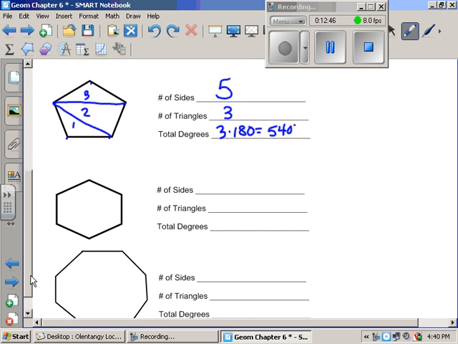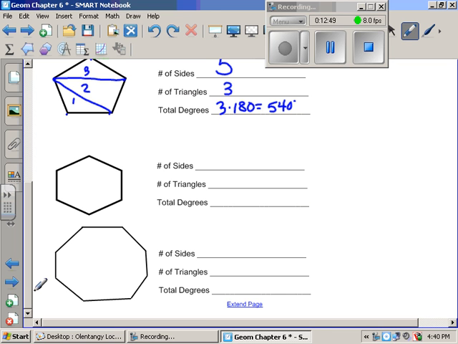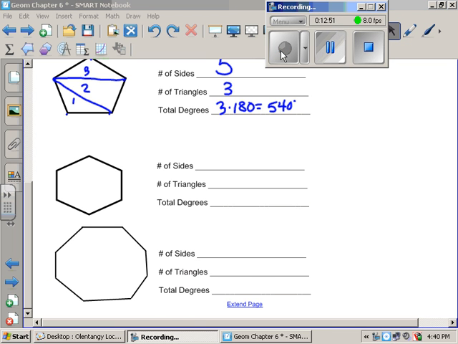Okay, why don't you take a minute and try to do the hexagon and octagon.